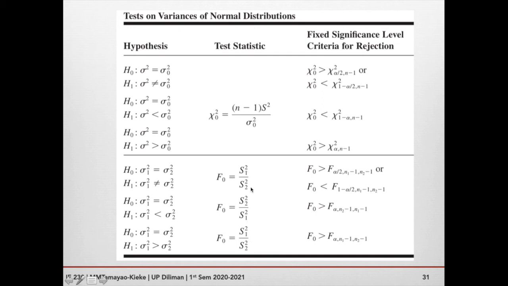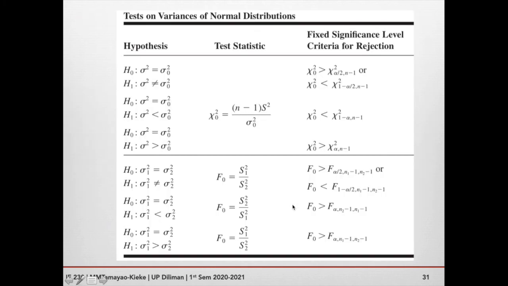So you can see for this case, you have S1 squared over S2 squared. For the case where you're testing whether sigma 1 squared is less than sigma 2 squared, your numerator is actually S2 squared. For the case where sigma 1 squared is greater than sigma 2 squared, your numerator is S1 squared.